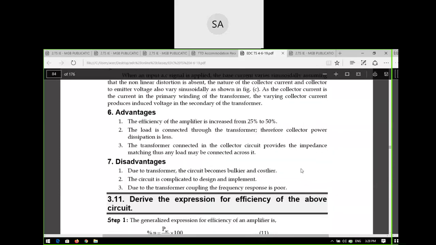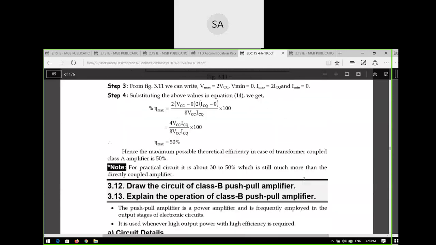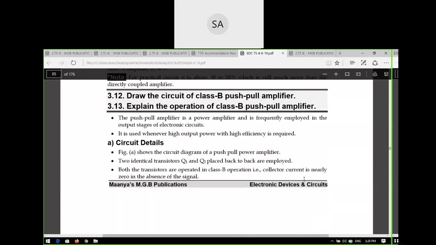Now we have to go for the circuit of the class B push pull power amplifier. We have class A, class B, class AB, class C, and class G power amplifiers, in which we have completed class A. So now we have to discuss the class B push pull power amplifier.